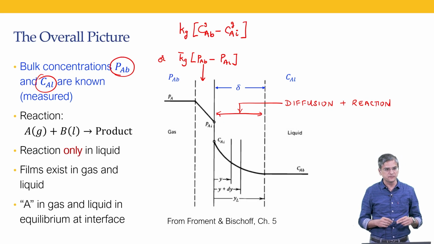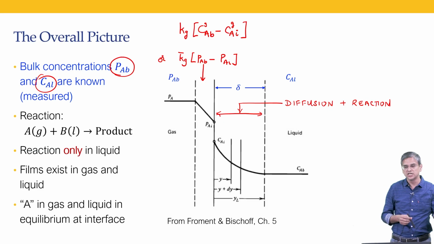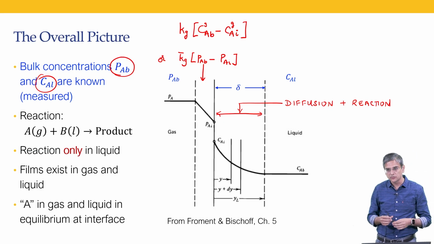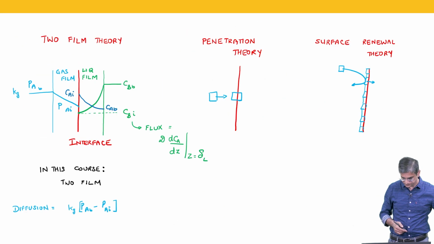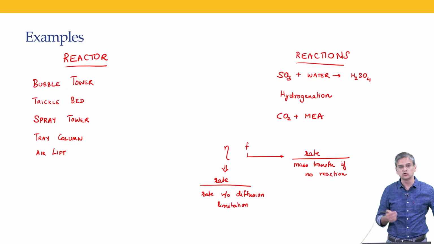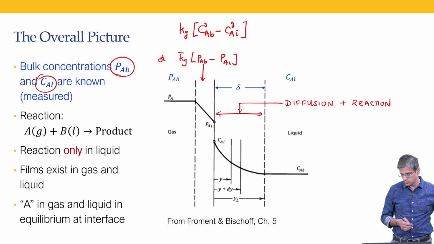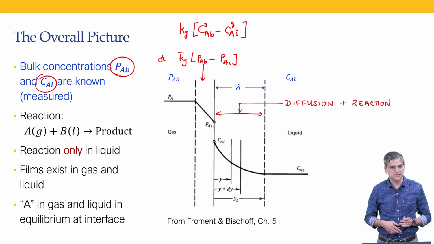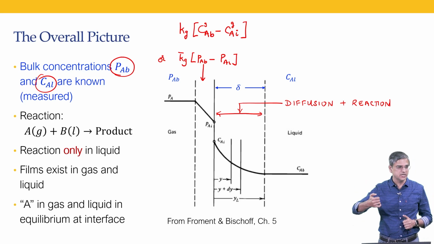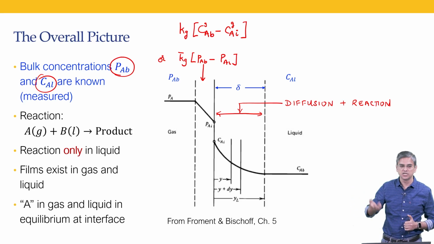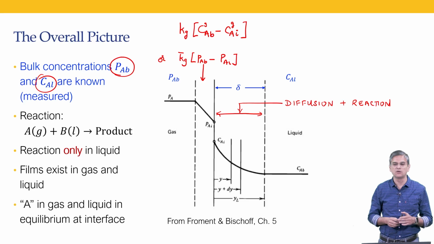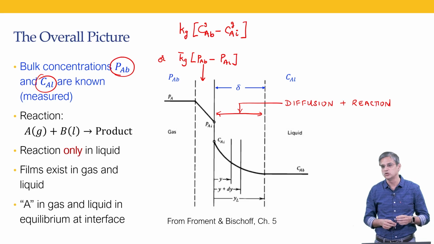So, for example, if we are running the reaction in our lab, let us say the reaction is CO2 plus amine. In order to probe what is happening, we will take a pipette, draw out a sample, and immediately quench it in a known amount of very cold liquid.